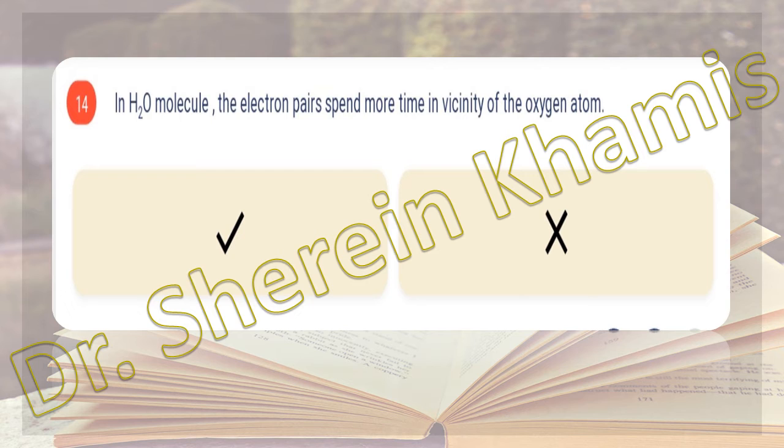So oxygen has high electronegativity as it attracts electrons more than hydrogen, so the electrons exist most of the time on the oxygen atom.